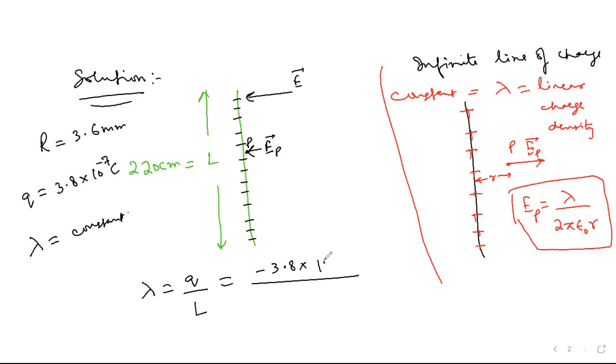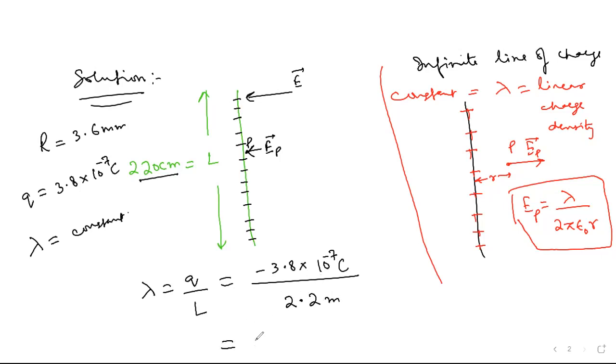Minus 3.8 into 10 raised power minus 7 coulomb over a length of 220 centimeter. That means it is 2.2 meter. Converted it into meters. So my lambda is minus 3.8 into 10 raised power minus 7 coulomb over the length of the rod, 2.2 meter.